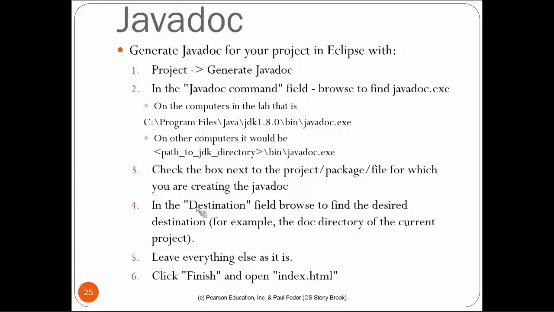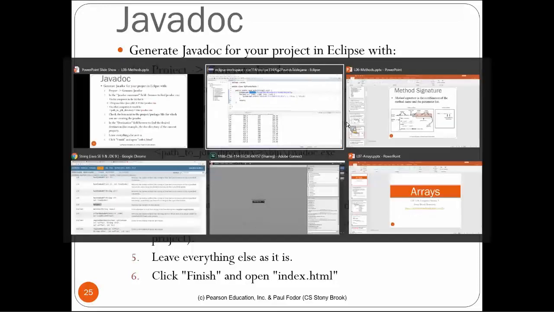And earlier this semester in the first lecture, you can actually see how to generate the Javadoc for a project. You can do it either from command line. There is a special executable called javadoc.exe on Windows, or just javadoc on Unix-based operating systems, which will generate a package of HTML files or web files that contains the definition of all the methods that are generated for a given class.